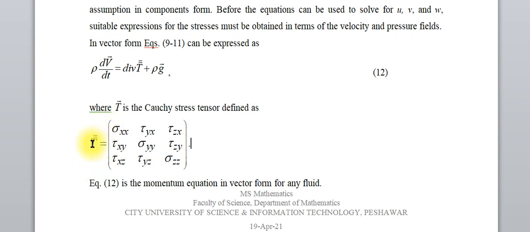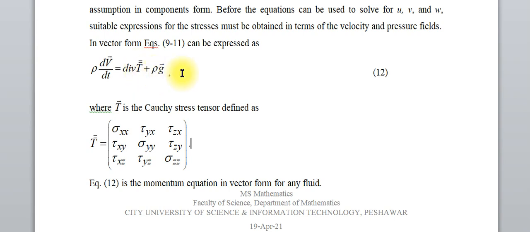For the Casson fluid, it may be defined in some other way. But the vectorial form is such that the governing equation for different fluids can be derived while only changing this t. This t will be different for different fluids.